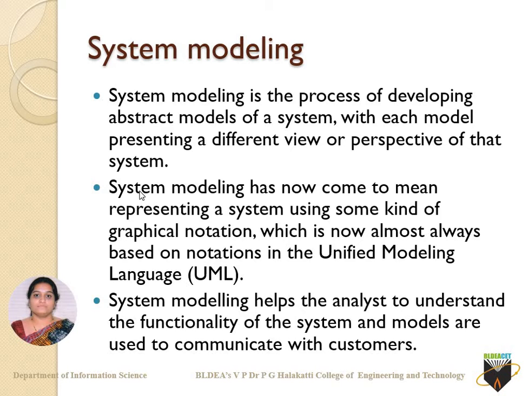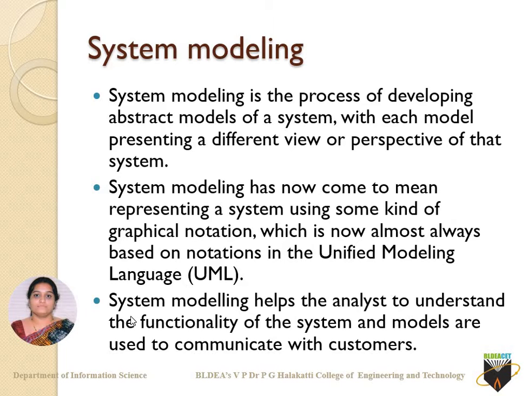Then system modeling has now come to mean representing a system using some kind of graphical notation, which is now almost always based on notations in UML. So ultimately system modeling goes in and around the notations which we use in the Unified Modeling Language.